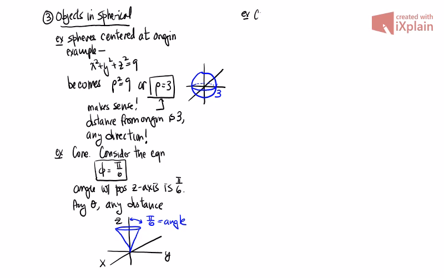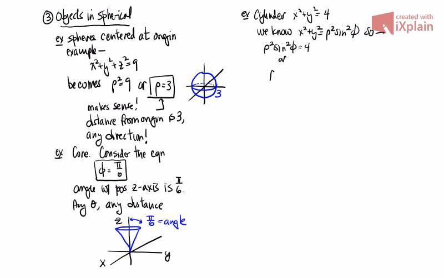What if we had the cylinder x squared plus y squared equals, say, 4? Well, we know that x squared plus y squared is rho squared sine squared phi. So this tells us we get rho squared sine squared phi equals 4, or rho sine phi equals 2.